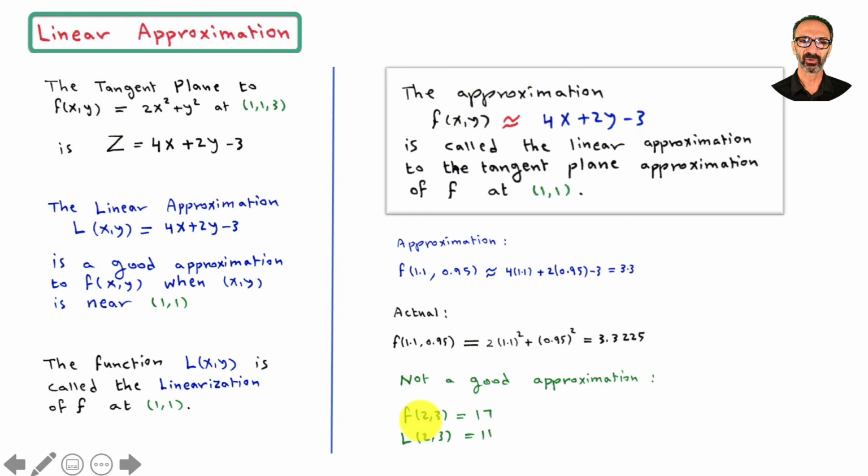But if you want to go to 2, 3, 2, 3 is way far from 1, 1. Look, the actual, that's f right here, is 17, and the approximation L from the tangent is 11. That's not a good approximation. Hopefully that's clear now.